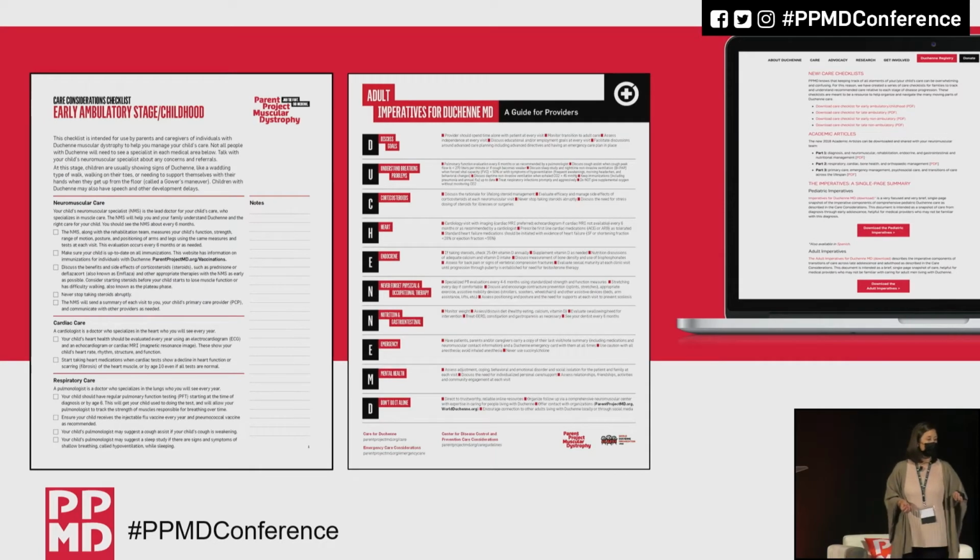Okay, so these are screenshots. We also have these at the resource fair. So these are checklists and the imperatives. What we did, we took the care guidelines, we broke them up into early diagnosis, early childhood, later childhood, the different stages across the lifespan, and we created a checklist, right?